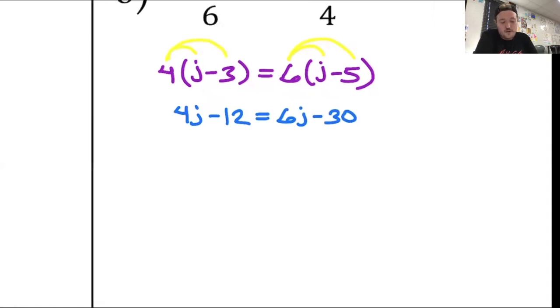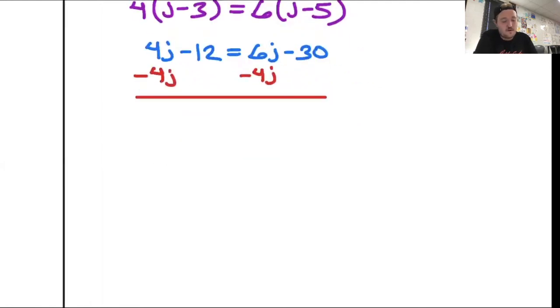Okay, so once again, move the smallest variable first. So minus 4j. Okay, so the 4j's, they zero out. So you have negative 12 equals 2j minus 30.